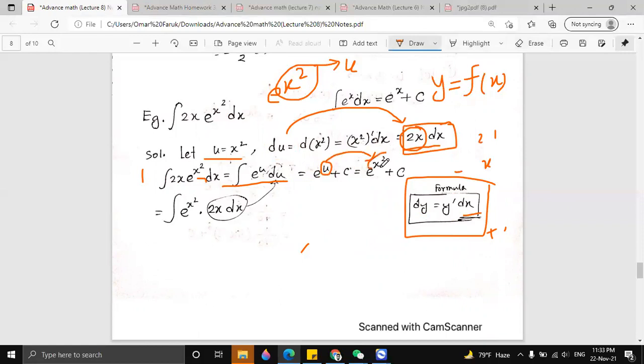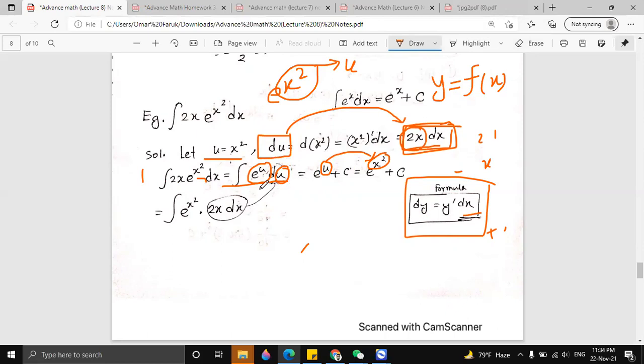What is the du? Is it vanished? No. Du is 2x dx. So here is du, right? And you are finding the integration of e to the power u in terms of du. Okay, that's why du is vanished.